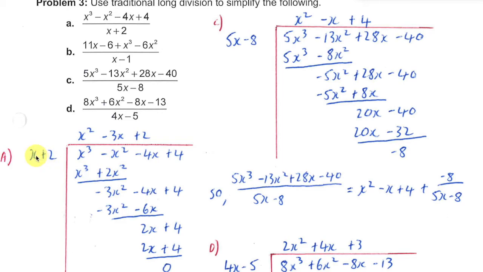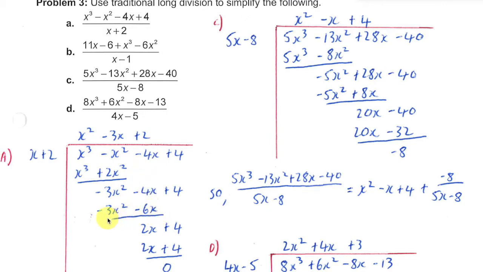I've got x. What do I need to multiply it by to get negative 3x squared? And the answer for that is negative 3x. I write that in here. X times negative 3x is negative 3x squared. 2 multiplied by negative 3x is negative 6x. That is written here.